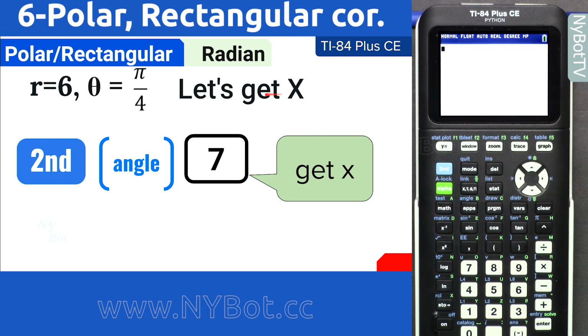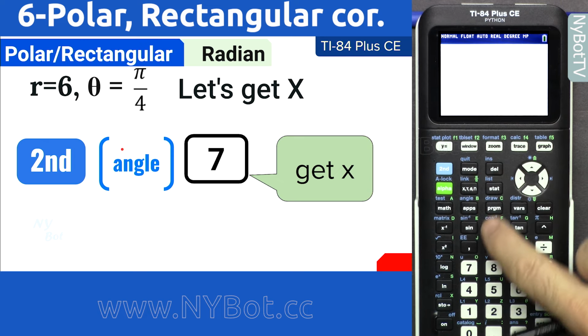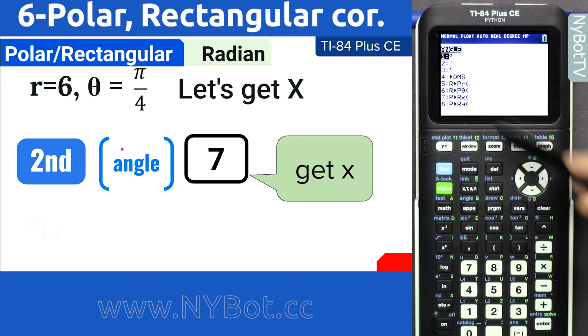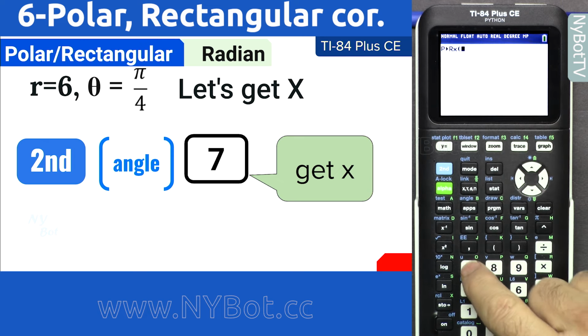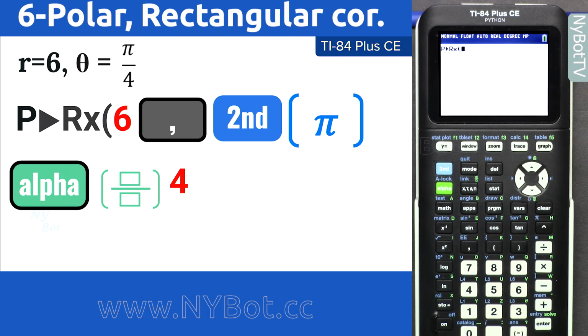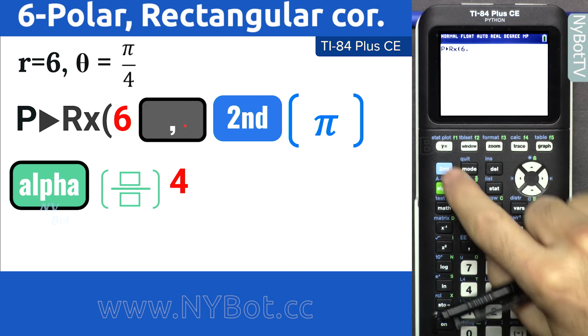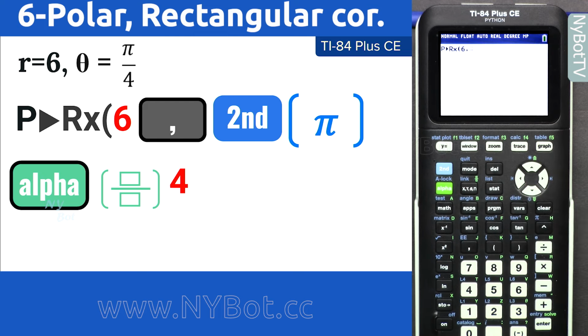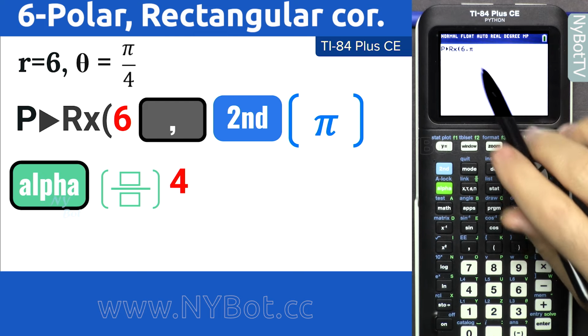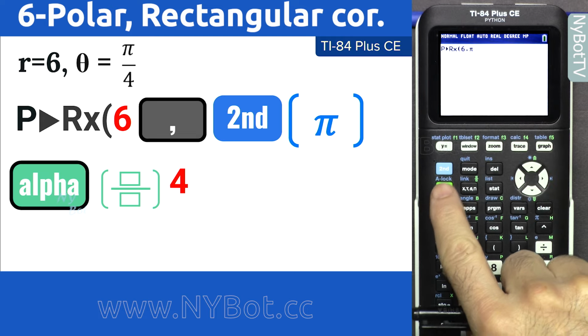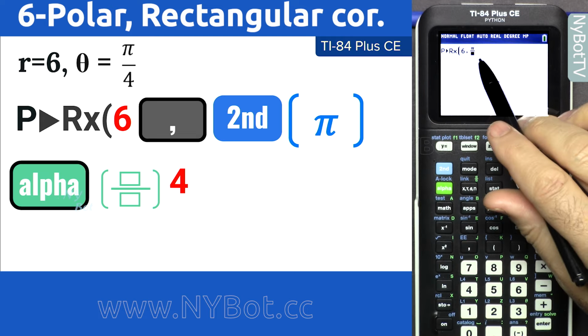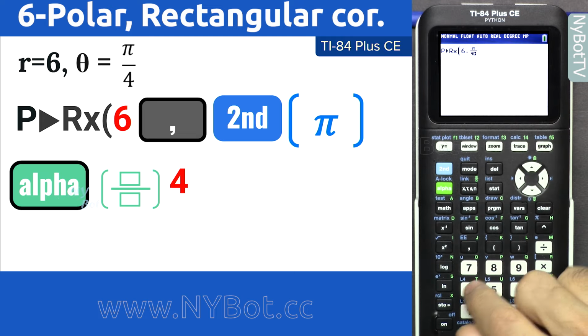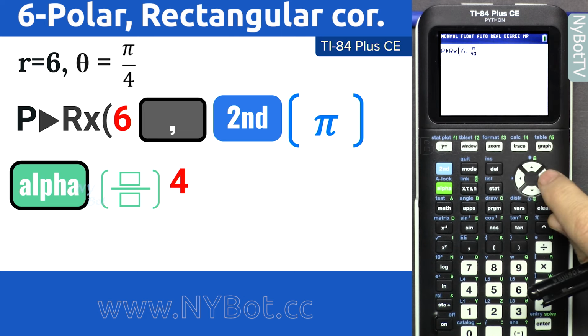And now let's get x, second function, angle, 7 to get x, and now enter 6 as before. 6, comma, second function, pi. For pi, we press this button and then bring the fraction over 4. With the arrow, we have to go to the right.